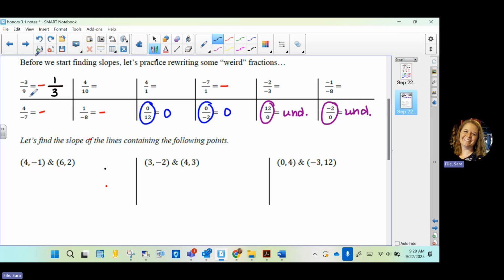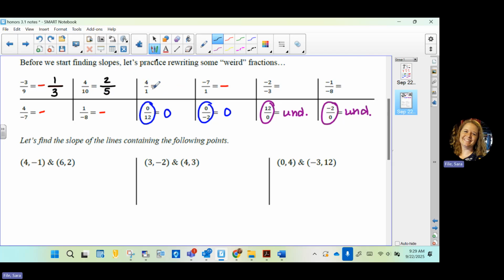So both of these are divisible by 3. So I divided 3 out of both. 3 divided by 3 is 1. 9 divided by 3 is 3. Okay, what about 4/10? What common factor can I divide out of both of those? Okay, so if I divide 4 by 2, I get a 2. If I divide 10 by 2, I get a 5. So 4/10 reduces to 2/5.